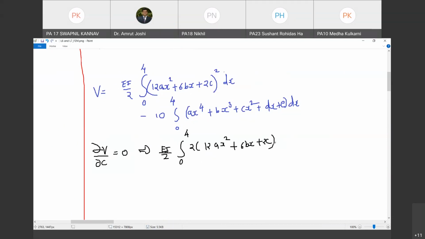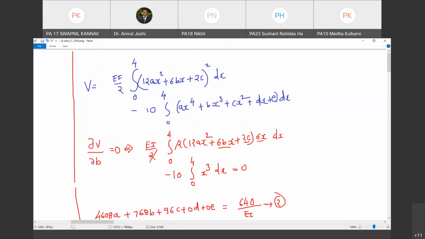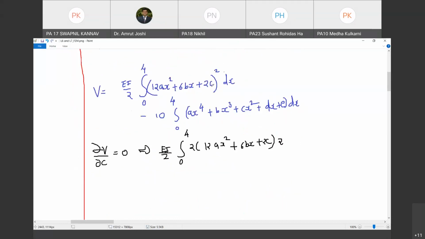And then what is the differentiation of this inner polynomial with reference to C? First two terms are going to vanish and you are going to have only 2 sitting here. Do you agree with me? Like last time, with b the differentiation was 6x; here the differentiation is with c, so you have only 2 sitting here.